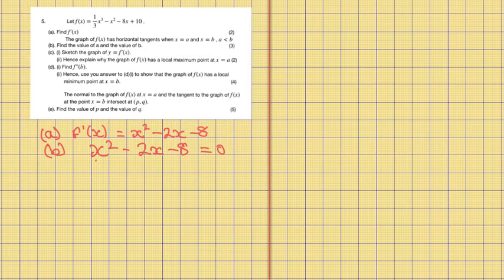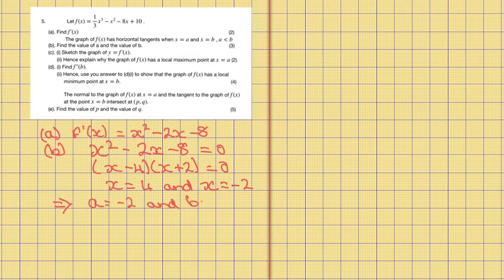If we factorise, we get x minus 4, x plus 2 is equal to 0. So x equals 4 and x equals minus 2. Therefore, because a is less than b, we know that a is equal to minus 2 and b is equal to 4.